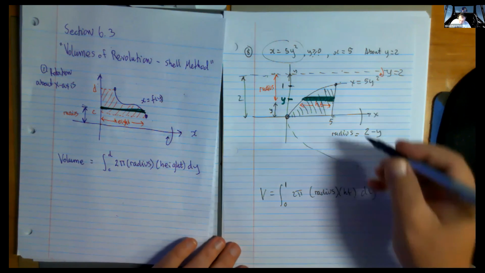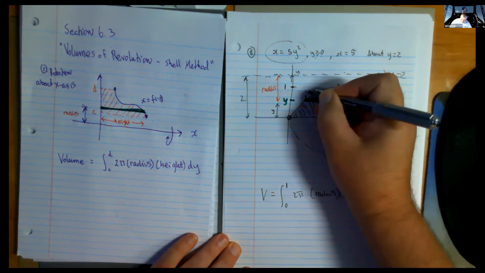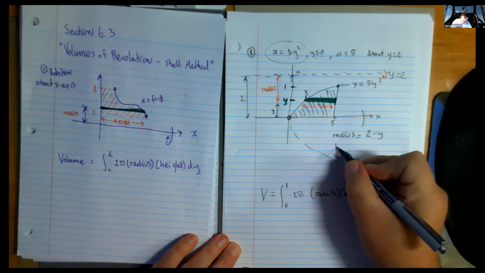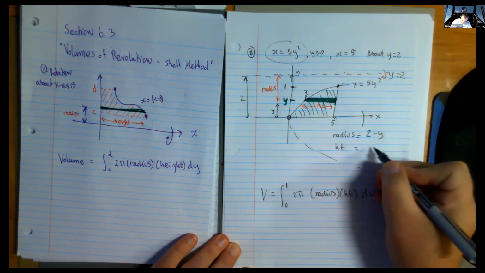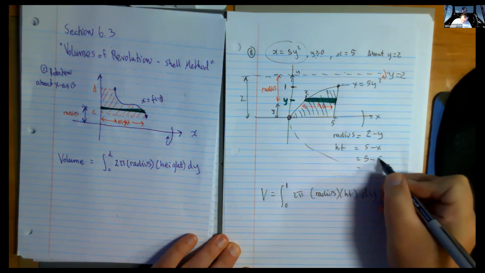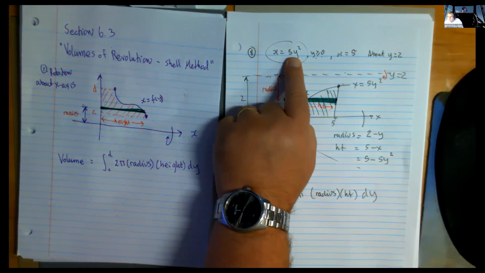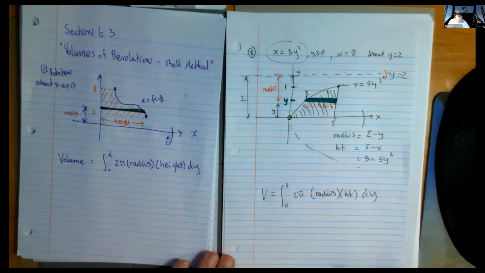Now, let's do the height. Well, isn't the height from here to here, basically? So the height is 5 take away x, but I don't want x's. Don't I want to replace the x's with 5y squared? So there's my height.